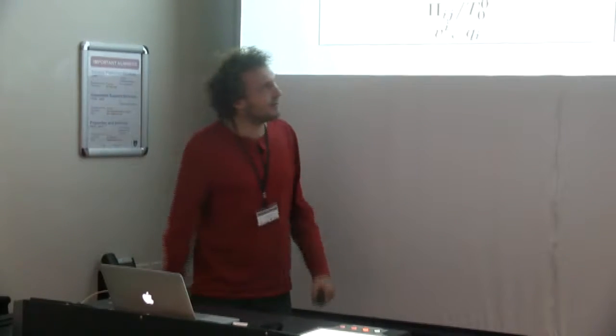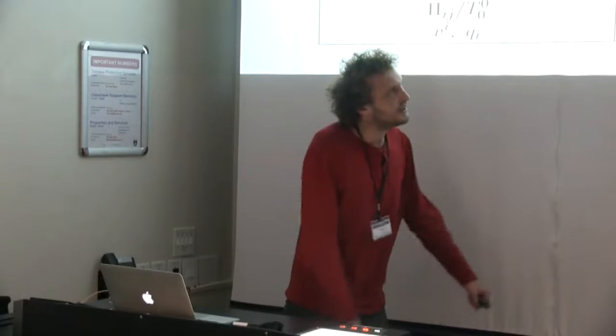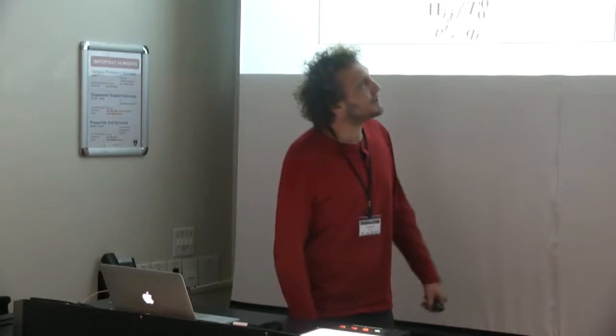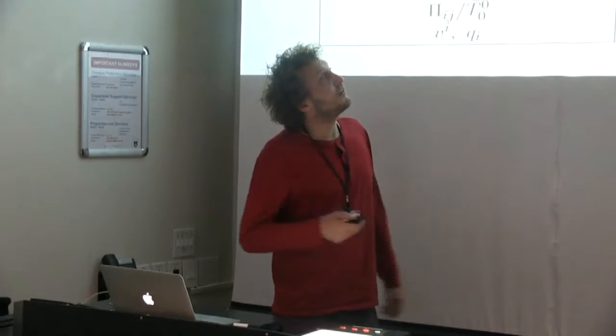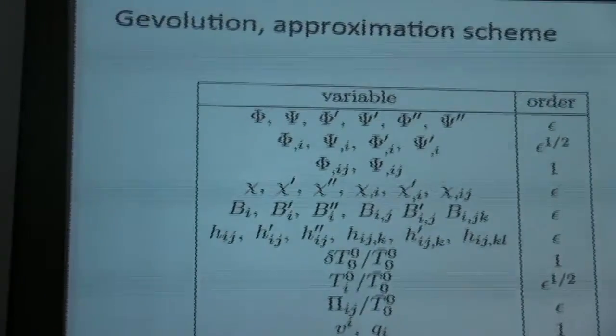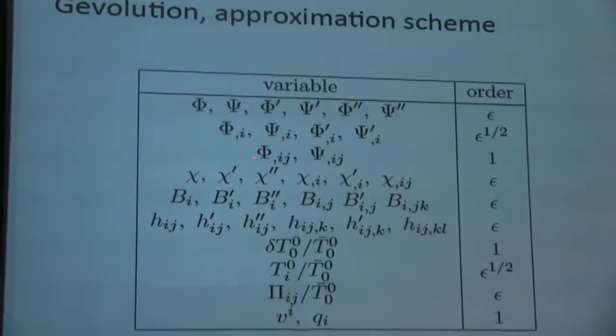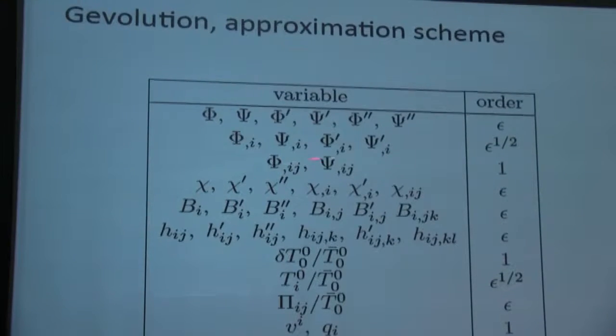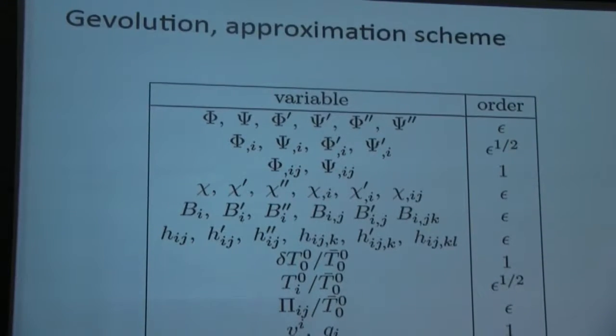So if you summarize the scheme, we keep all terms up to order epsilon squared. Basically, in the Einstein equation you will have all those variables, and the double derivative of the scalars is order 1.